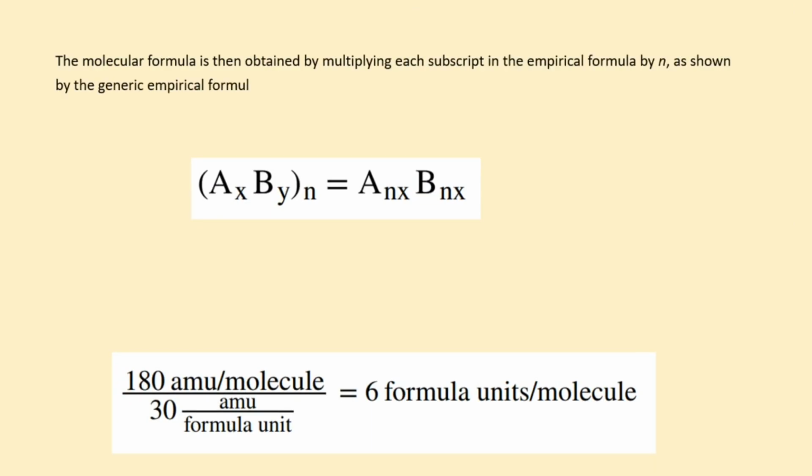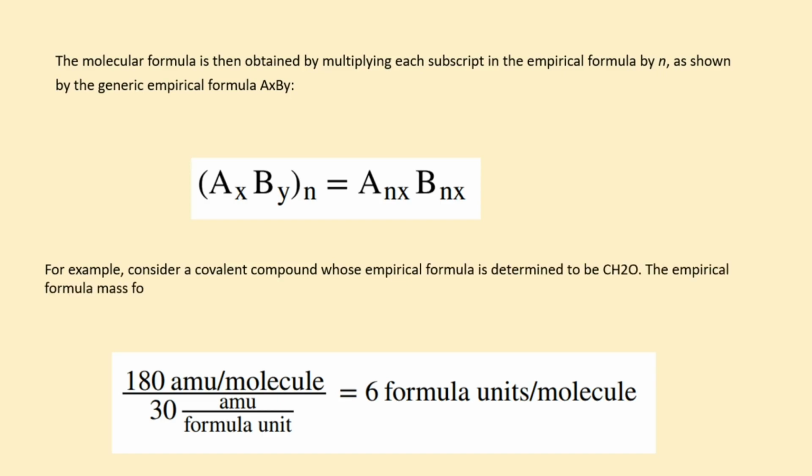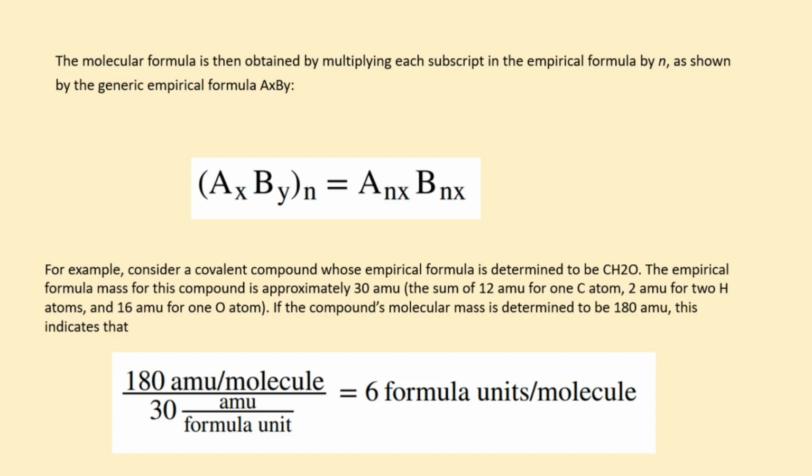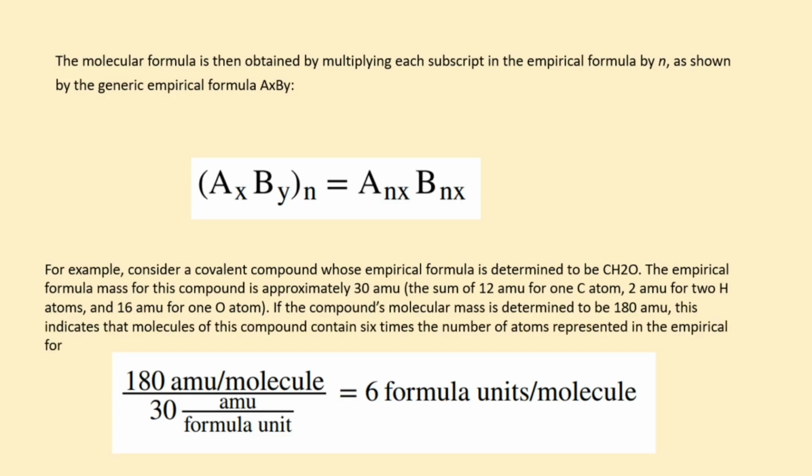For example, consider a covalent compound whose empirical formula is determined to be CH2O. The empirical formula mass for this compound is approximately 30 amu, the sum of 12 amu for 1 C atom, 2 amu for 2 H atoms, and 16 amu for 1 O atom. If the compound's molecular mass is determined to be 180 amu, this indicates that molecules of this compound contain 6 times the number of atoms represented in the empirical formula.